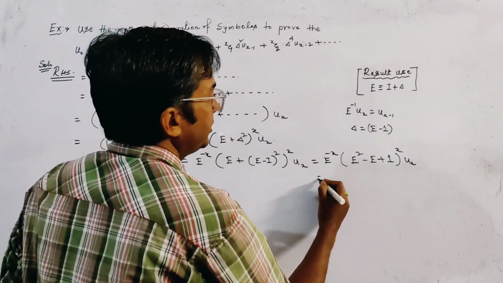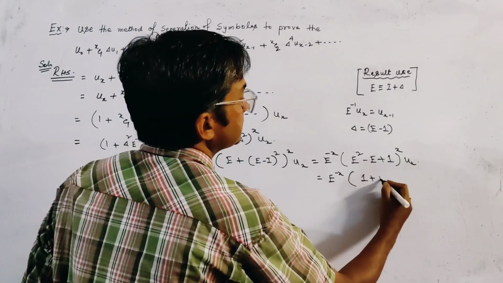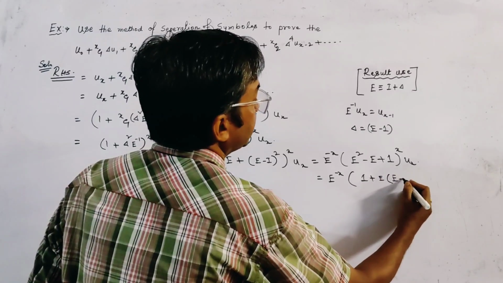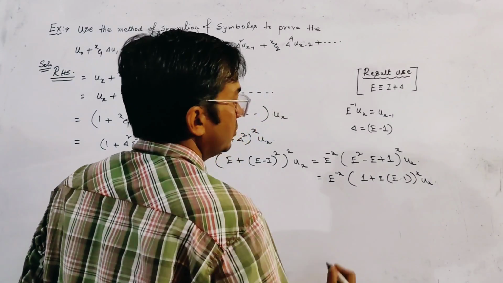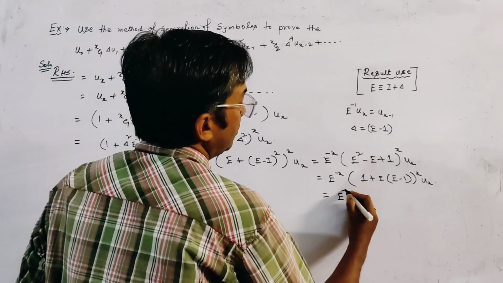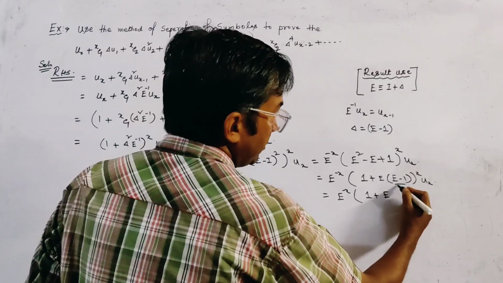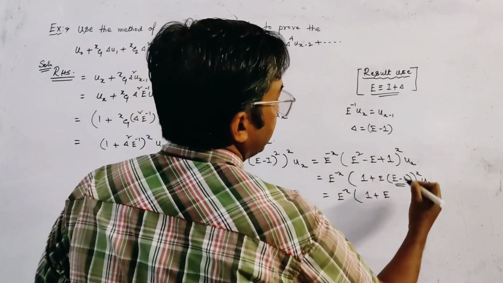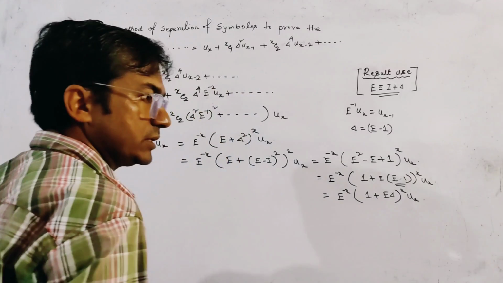This expression can be written as E^(-x) (1 + E(E-1))^x ux. Okay, and this is E^(-x) (1 + EΔ)^x ux, right?